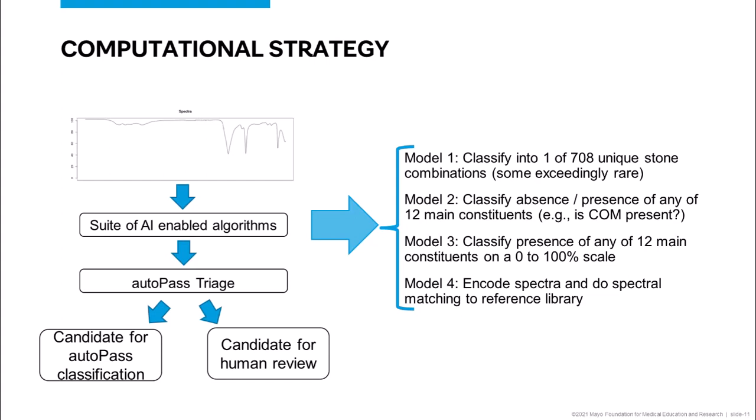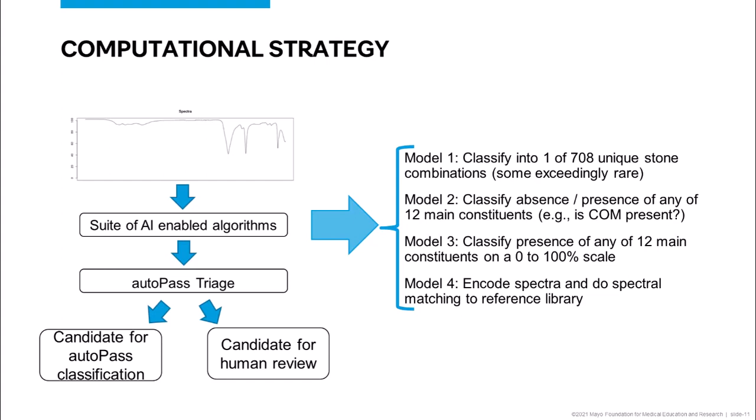We decided to supplement Model 1, which actually had really robust classification accuracy, with some specific algorithms that met some of the target scope. Previously we talked about the individual constituents or stone composition having an indication on treatment. One example would be, is there a presence of struvite in the sample?